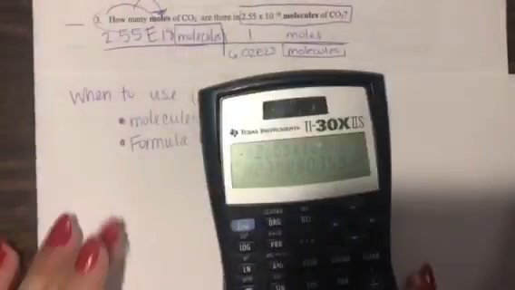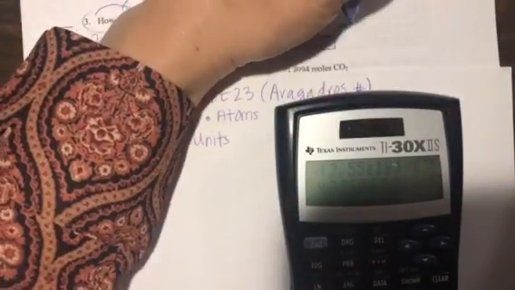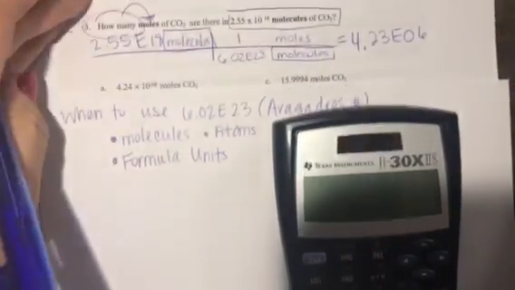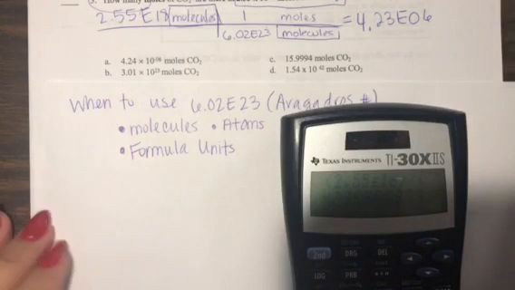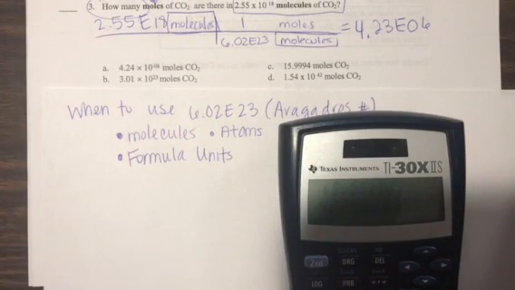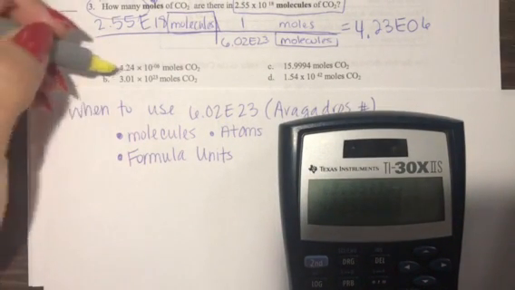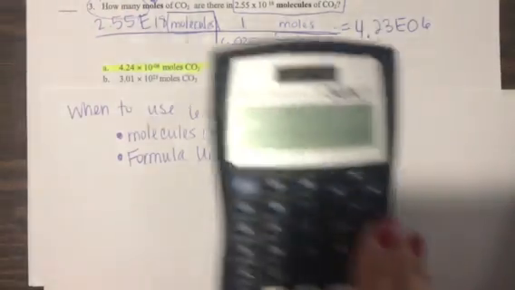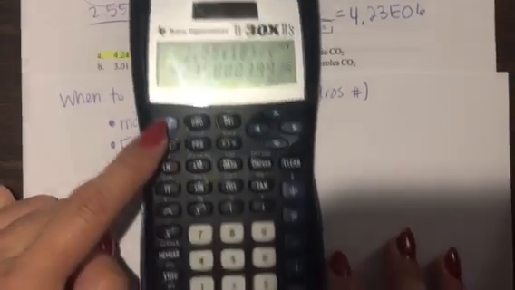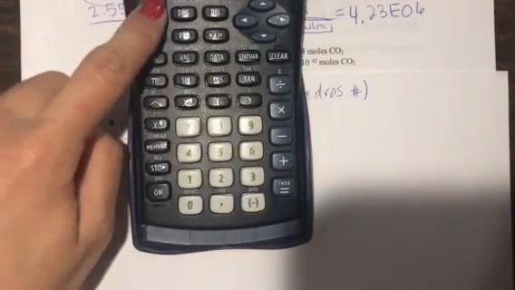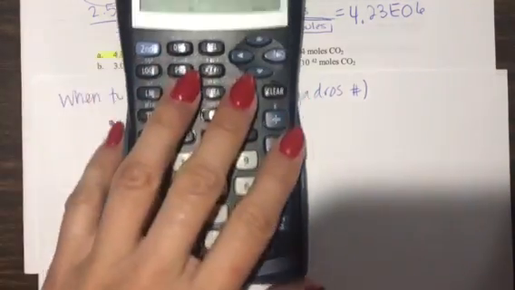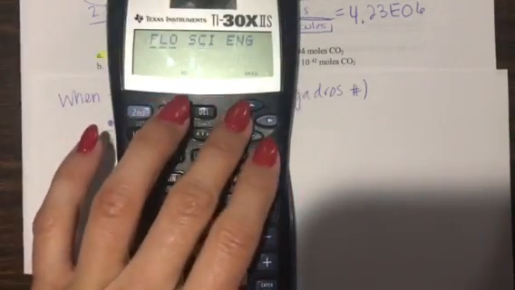It should be 4.23 times 10 to the 6. So the answer is A. To turn it into scientific, you hit the second button, and then the button right next to it where it says DRG, and then you could switch modes.